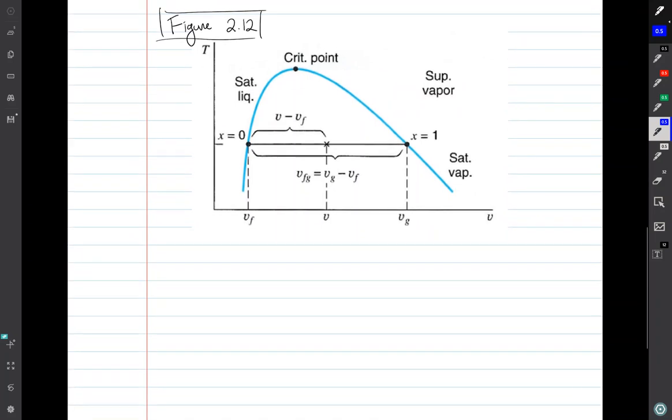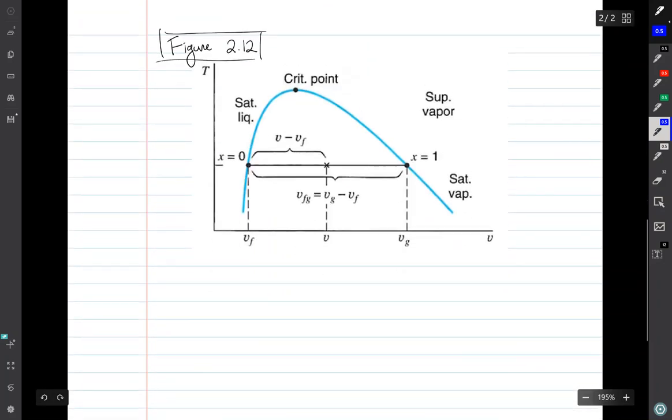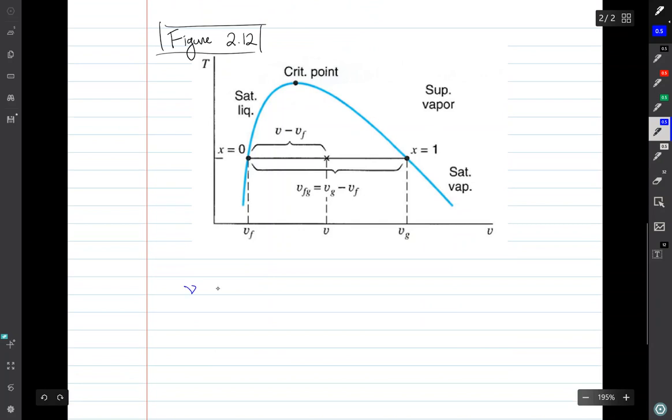And we're going to take this equation that we wrote up here, right, this equation, and we're just going to rearrange it so that we get a specific volume equals, now the mass of the liquid divided by m times the specific volume of the liquid, plus the mass of the gas phase divided by m times the specific volume of the gas phase.